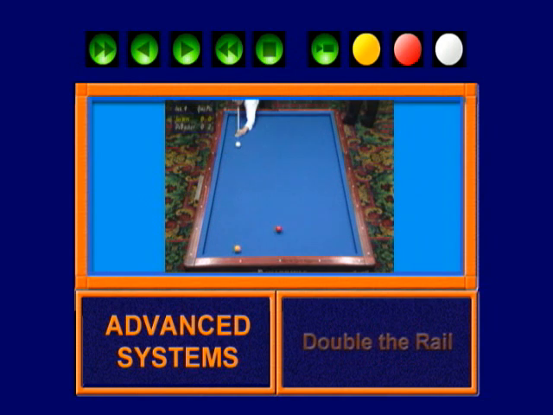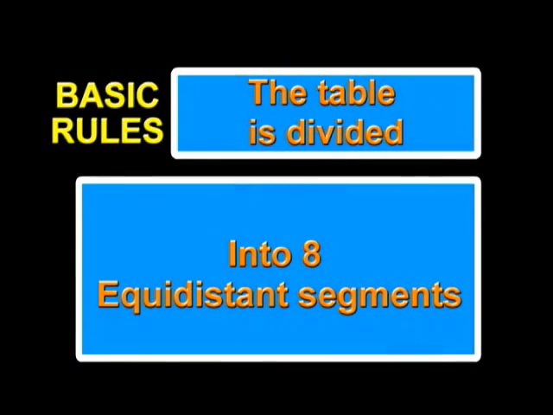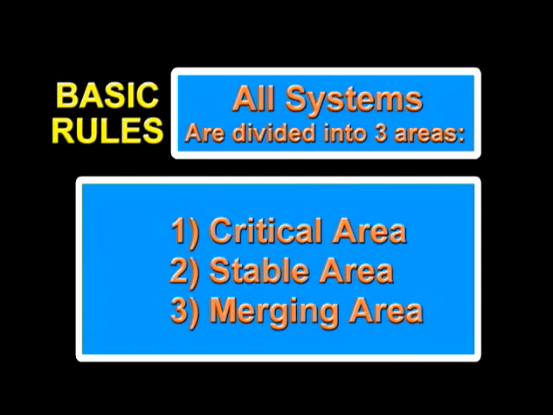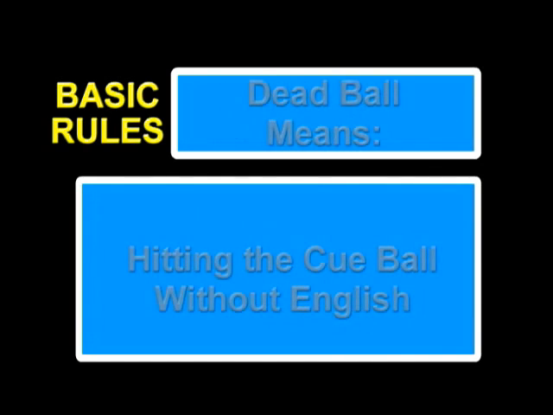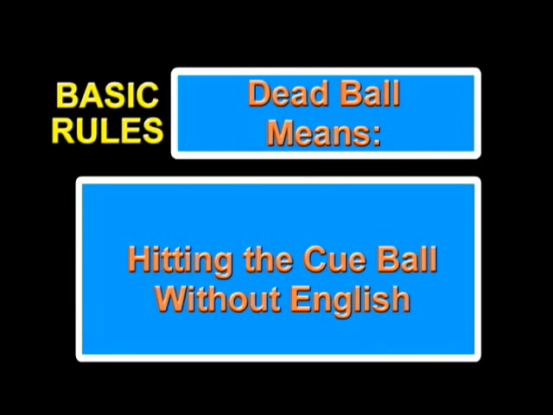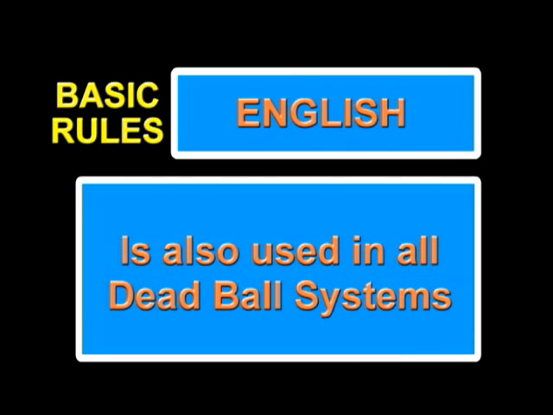The tremendous advantage of the following interactive method is that it provides a comprehensive set of basic rules that are applied over and over in all systems. In other words, once you know the general rules applied in this system, you will know the rules for most any billiard system on the planet.